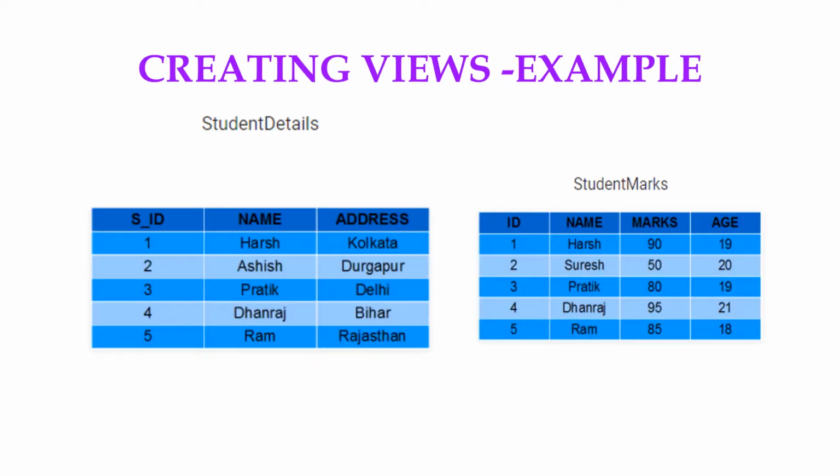Now let us see in depth how the view works. So there are 2 tables, student details and student marks. Student details contains information like student ID, name and address, whereas student marks contains information like ID, name, marks and age.